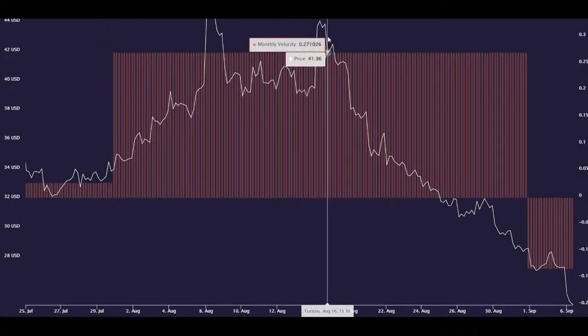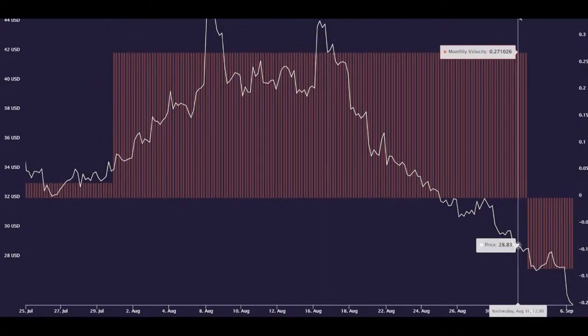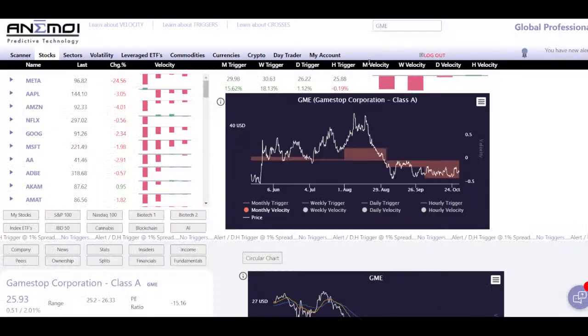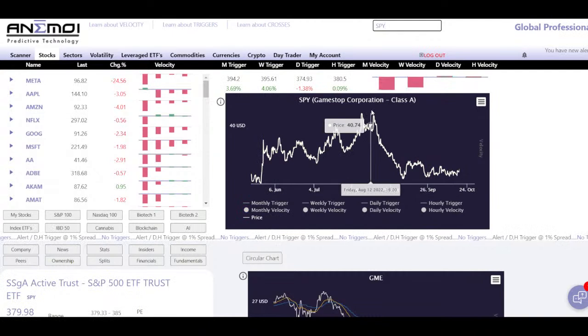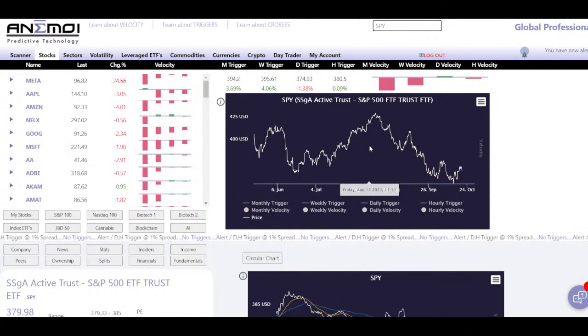Now, granted, the entire market fell off a cliff on August 16th. If I bring up SPY, you'll see that I'm not making that up. The entire market fell off a cliff then, and so GME got dragged down a bit August 16th, and then it's been straight down since then. But GME has definitely found a bottom first.